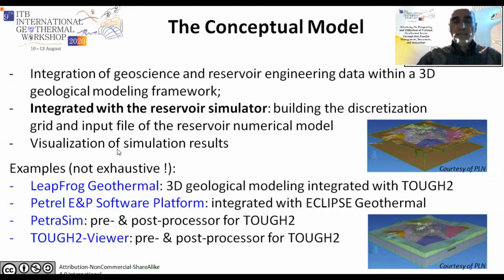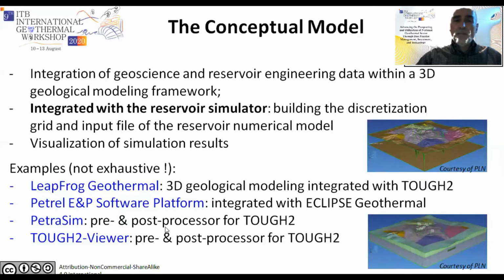Examples of this, which are not exhaustive, of course, are Leapfrog Geothermal, which is a 3D geological modeling integrated with TOUGH2, which is actually giving all of this. And there is the Petrel E&P software platform, which is integrated with Eclipse Geothermal, which is also able to do that.